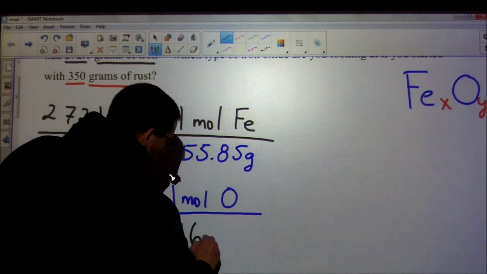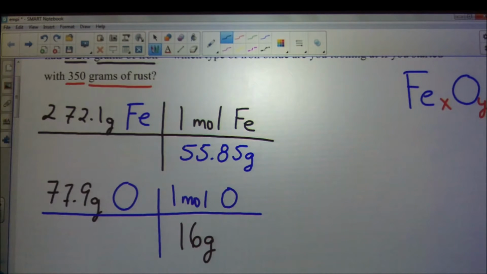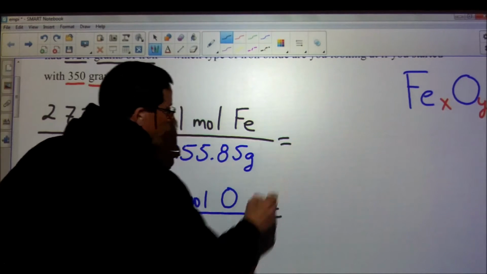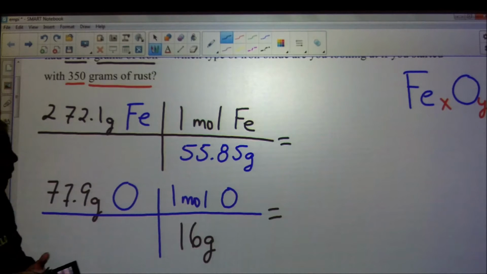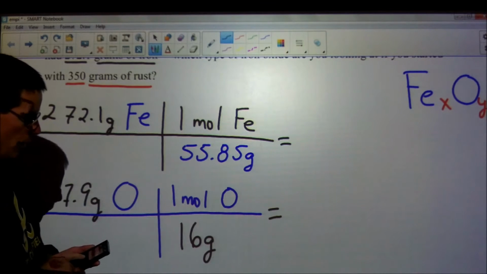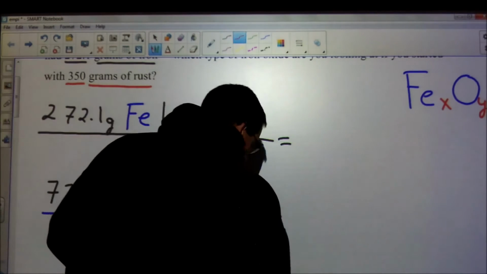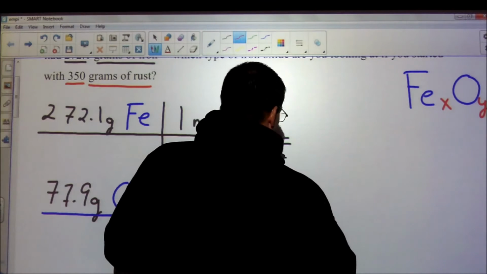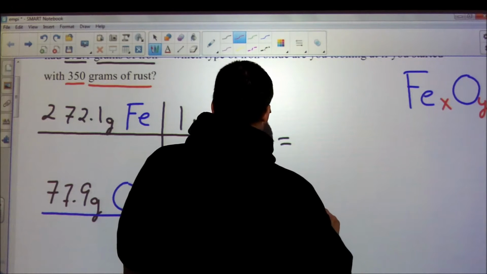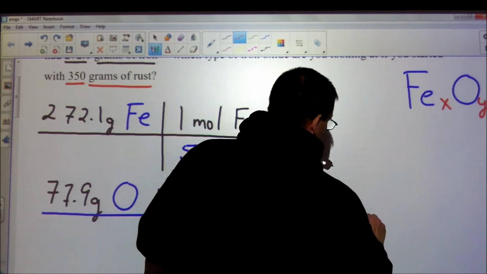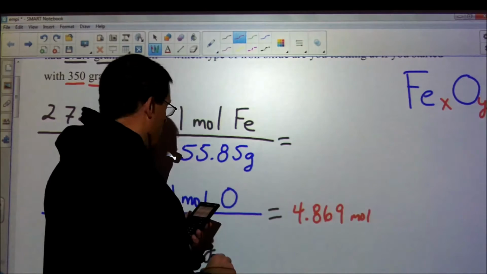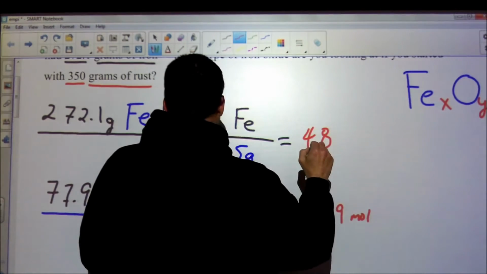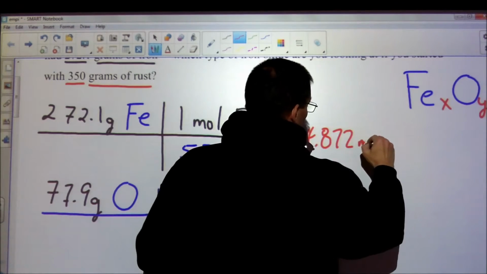So when you look in your periodic table, you'll find out that oxygen has a molar mass of 16 grams per mole. So we can find out how many moles we have here, because again, we're looking for the smallest whole number ratio. And when I type this information in, for the oxygen, I get 4.869 moles, and for the iron, we get 4.72 moles.